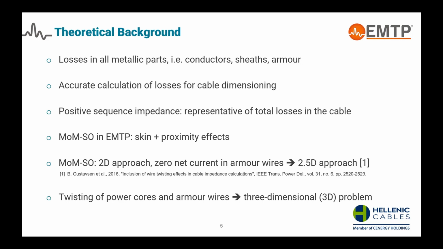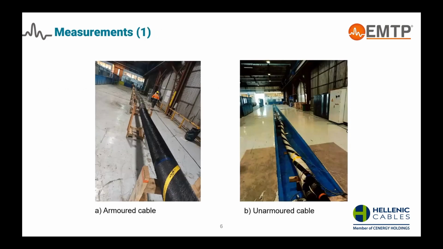Then the twisting of power cores and the armor wires makes the submarine cable a 3D problem in its nature. And thus we have these solenoid effects and a different approximation. Now, regarding the measurements, here we have two pictures of the samples that we checked and measured in our factory at Hellenic Cables.